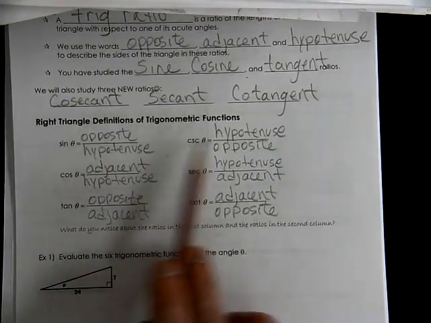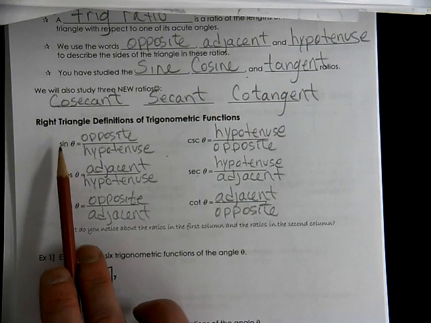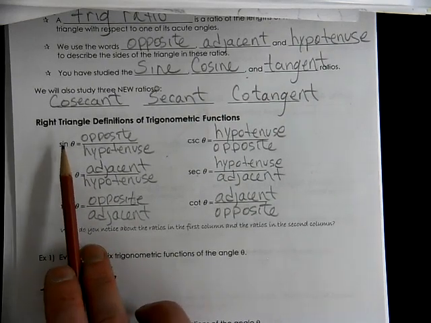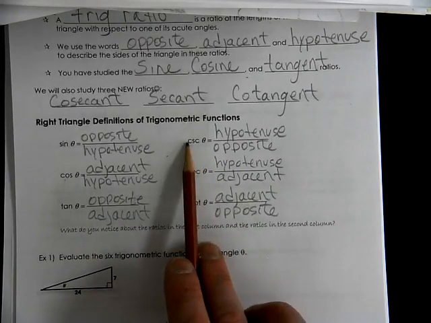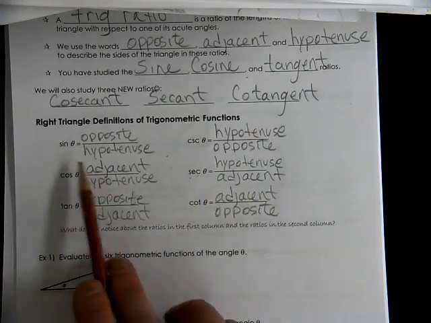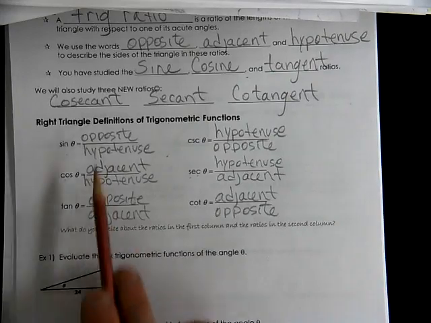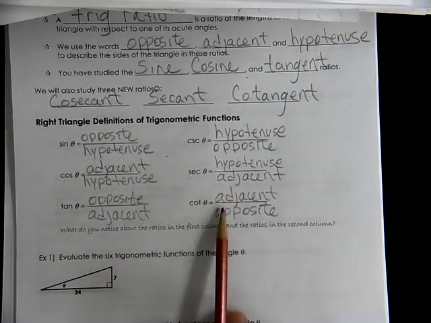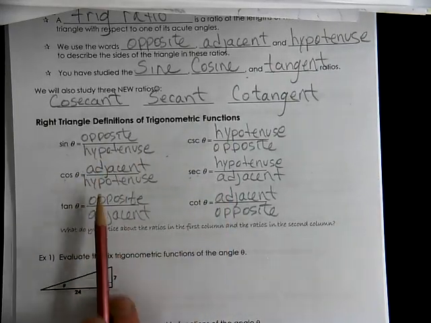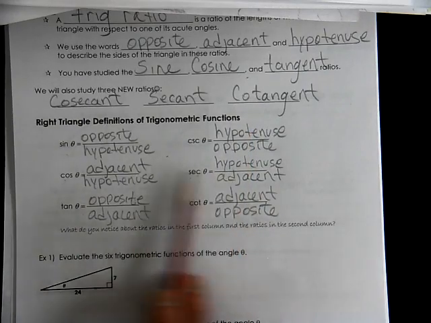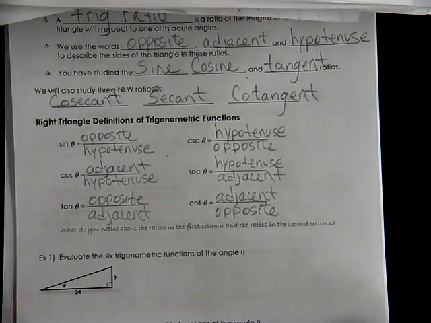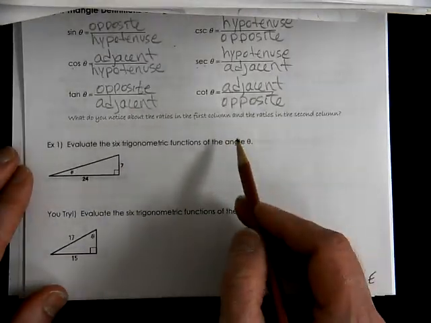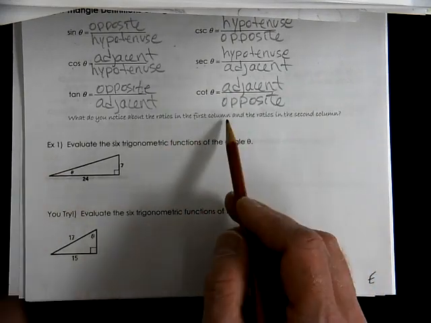You just need to know how they're related. I remember it that our originals have an S and a C in it, and our new ones have a C and an S in it. So the S of one family goes with the C in the other, and the C of this family goes with the S in the other. S and C go together. So what we notice is that they are reciprocals of each other.